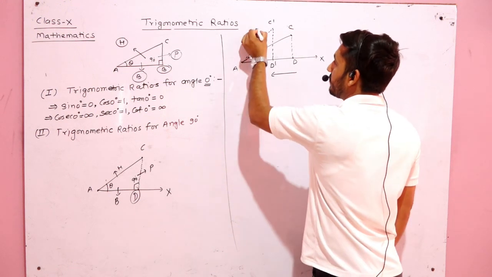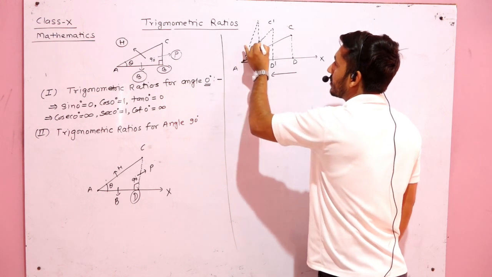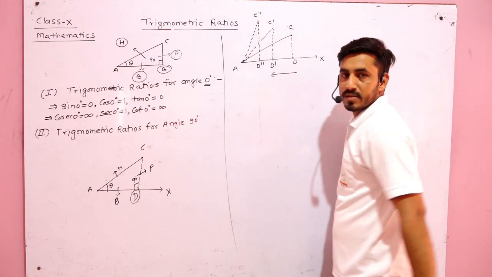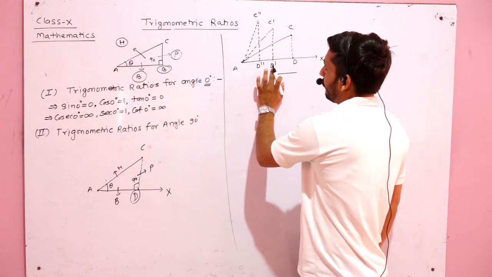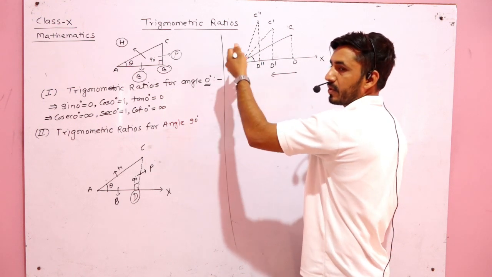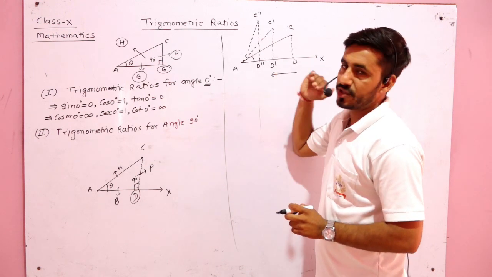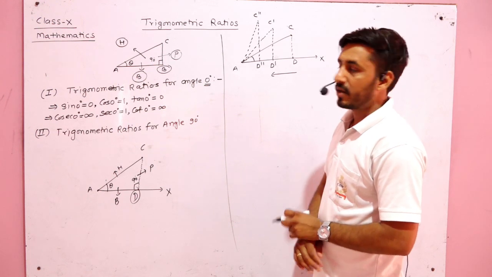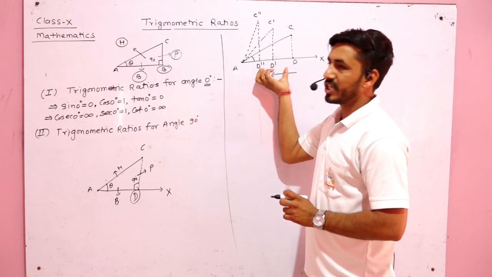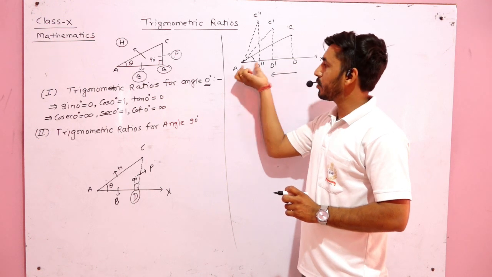In the next condition, the next point will be D double dash and this one is C double dash. From here you can see, first if I take theta here, then I am increasing theta for different values. From this situation I can see clearly that this point D is coming towards this point.